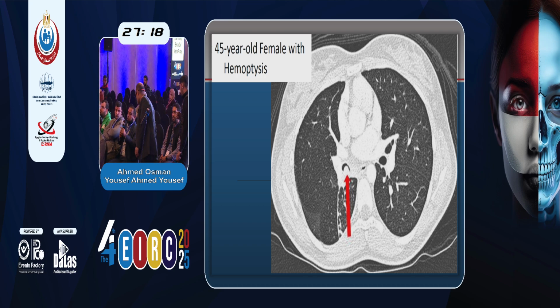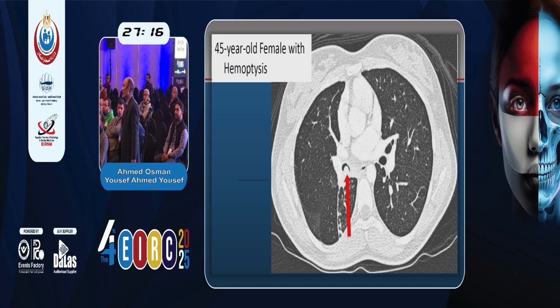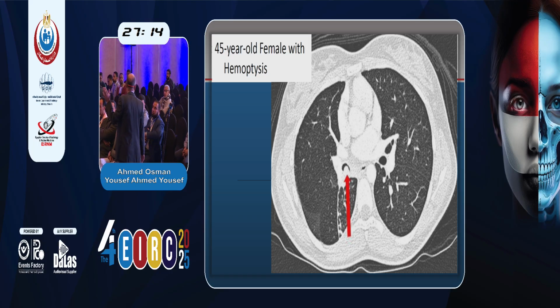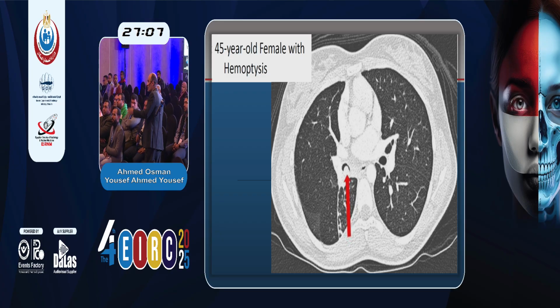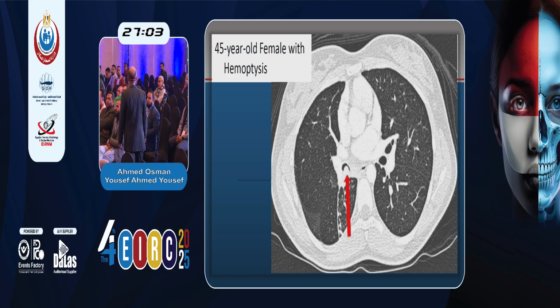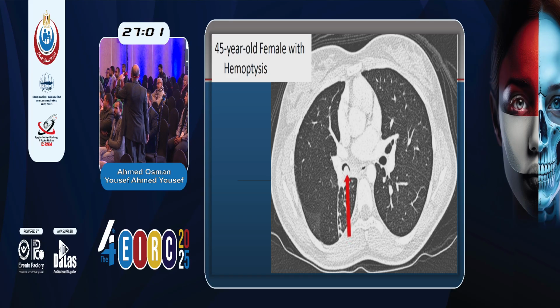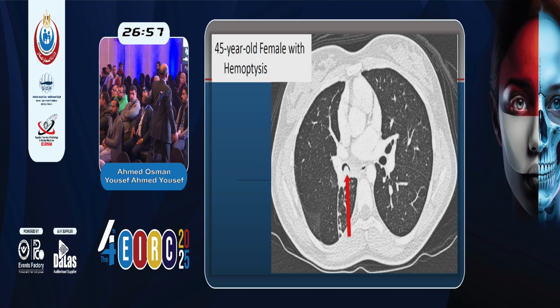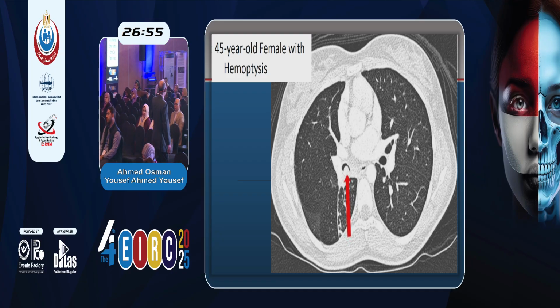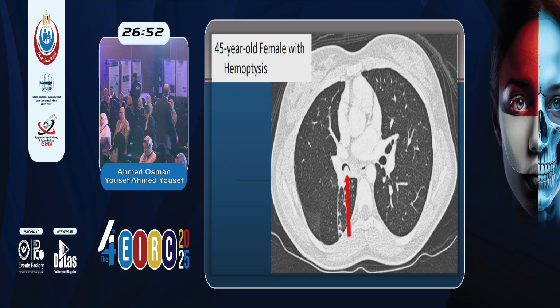Stenosis of the trachea? Stenosis? The arrow is pointing to a lesion within the bronchus. What do you see within the bronchus? Foreign body or blood clot?